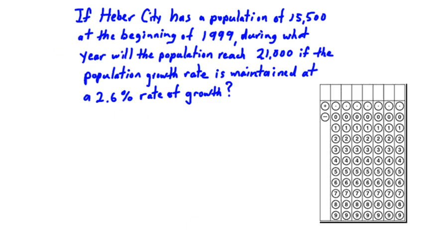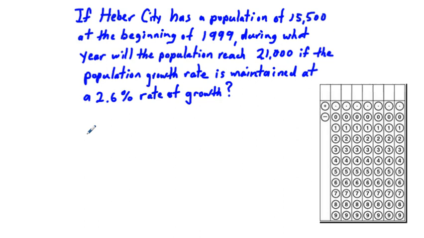Okay, if Heber City has a population of 15,500 at the beginning of 1999, during what year will the population reach 21,000 if the population growth rate is maintained at a 2.6% rate of growth?